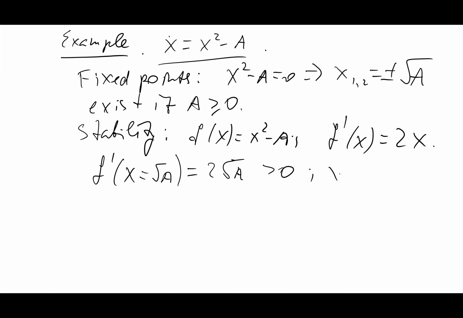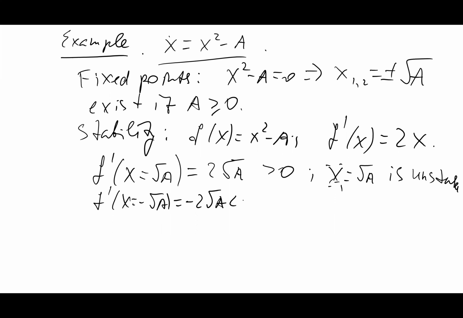Therefore, x1, which equals square root of a, is unstable. And the derivative of f when x equals minus square root of a equals minus 2 square root of a, negative. Therefore, x2, which equals minus square root of a, is stable.